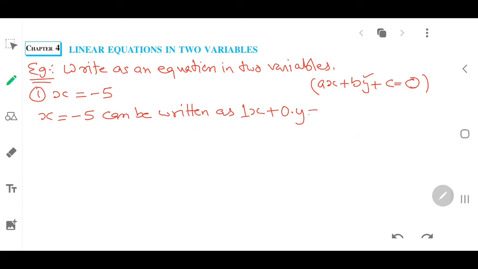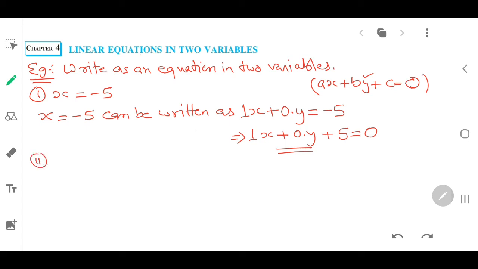And the value of c is given as minus 5, so you write here minus 5. This equation you can make in this way: 1x plus 0 into y, then minus 5 from the right hand side you bring to the left hand side. So it becomes plus 5 is equal to 0. So this is the way you can express x equal minus 5 as an equation in two variables.